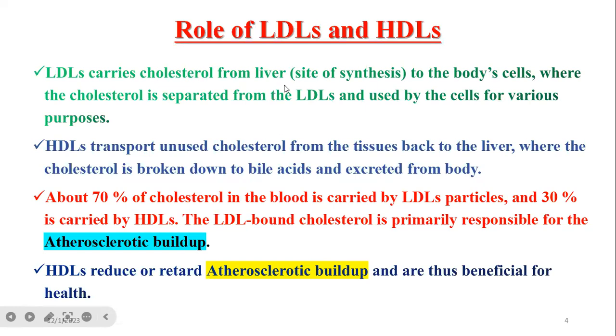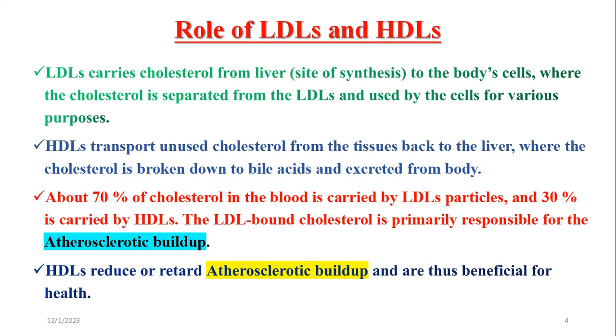Now, what are the roles of the LDLs and HDLs in our body? LDLs carry cholesterol from liver to the body cells, where the cholesterol is separated from the LDLs and used for the various functions there. HDLs transport unused cholesterol from tissues back to the liver, where cholesterol is broken down to bile acids and excreted from the body.